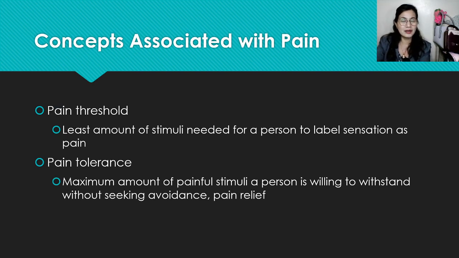And then we also have concepts associated with pain. Again, pain threshold: the least amount of stimuli needed for a person to label a sensation as painful. Pain tolerance, on the other hand, is the maximum amount of painful stimuli a person is willing to withstand without seeking avoidance, pain relief, or taking a pain reliever.